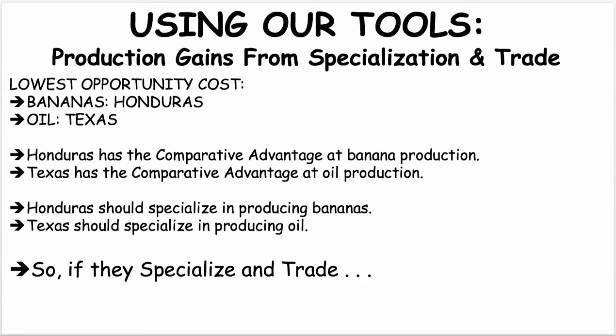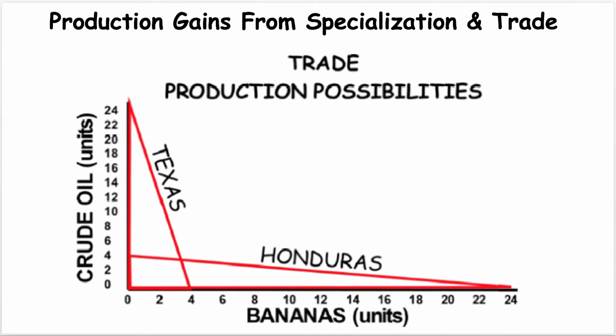If they specialize and trade, we can start off by putting both of these production possibilities curves on the same graph and see the relative size of wealth for each of these 2 different countries. I'll just loosely call Texas a country. But now look what happens if they specialize in trade.